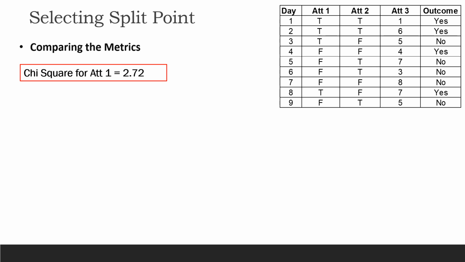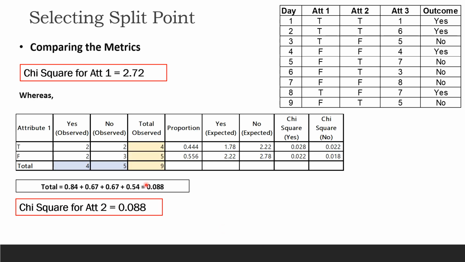So we found that chi-square was 2.72 for attribute 1, and the same process was repeated for attribute 2, and we got a chi-square of 0.088. So from these we see that attribute 1 is giving us a better value of chi-square. It is capturing the relationship better. So we select attribute 1 as a better split when we use chi-square as a metric.